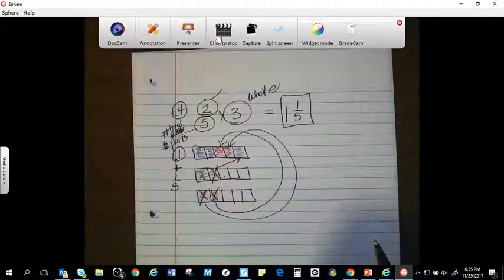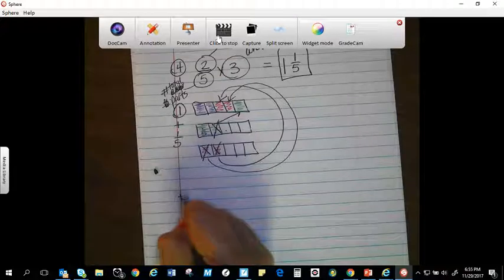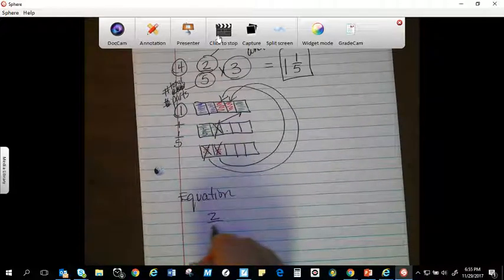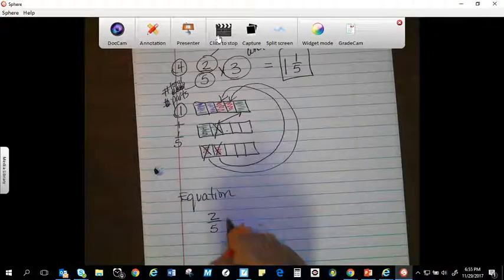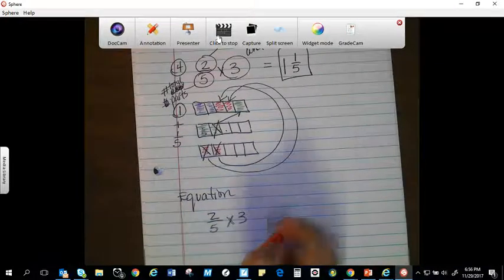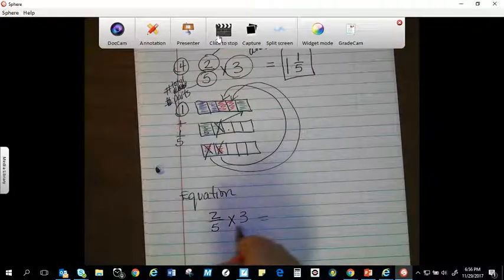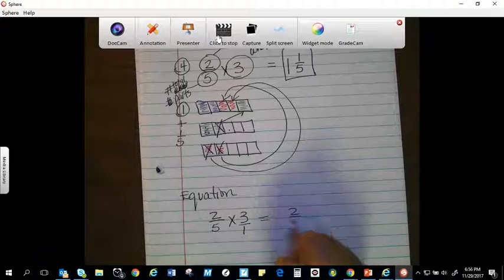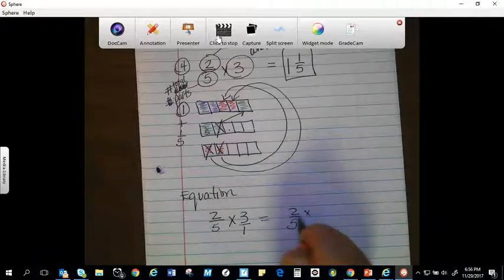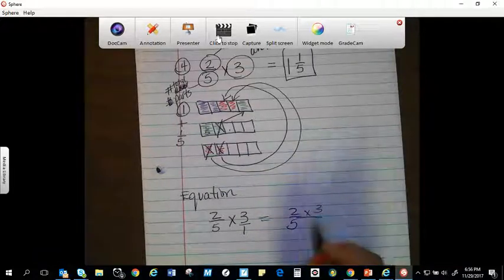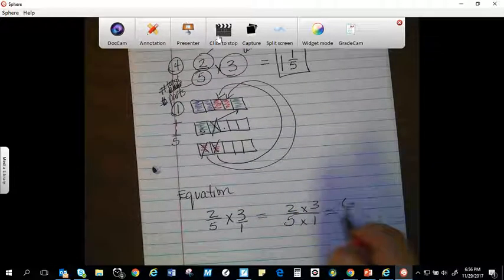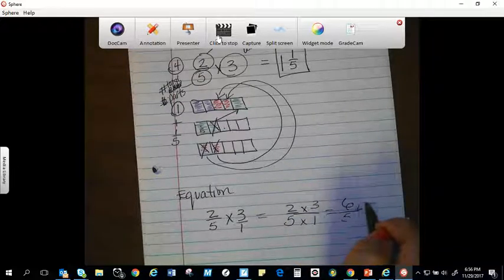Let's check our work to see if we're correct. So my equation is then 2/5 times 3 equals, okay, so now I'm going to make that into a fractional part. So I have 2/5 times 3/1. I'm combining those. So 3 times 2 equals 6. 5 times 1 equals 5. This means divide.